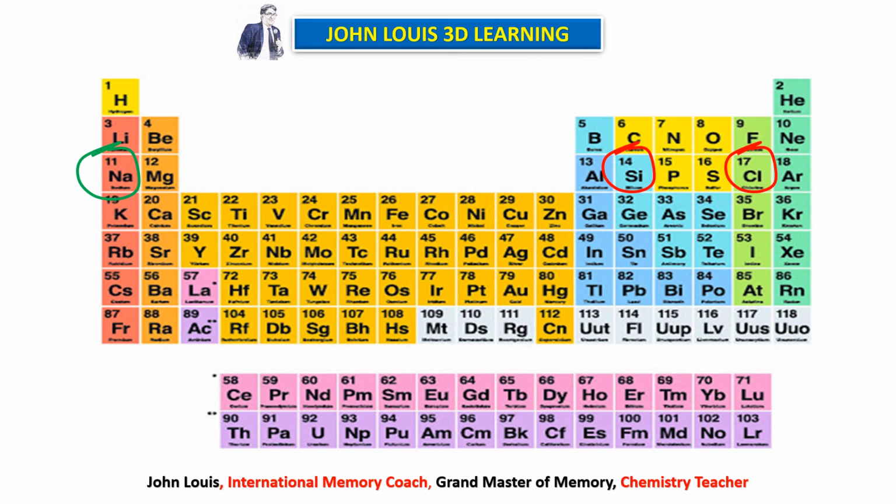Taking 1 electron is easier, and moreover the size goes on decreasing, therefore the electron pull also will be more. That is why the chemical reactivity increases from silicon to chlorine. So it's a very good question: why chemical reactivity decreases from sodium to silicon, and then why it increases from silicon to chlorine. This is the reason.